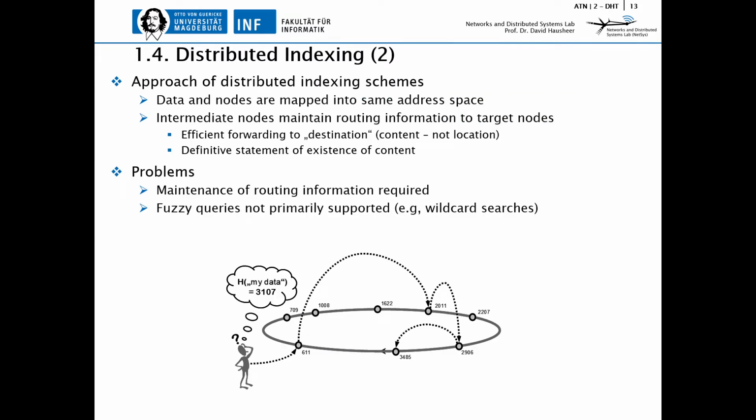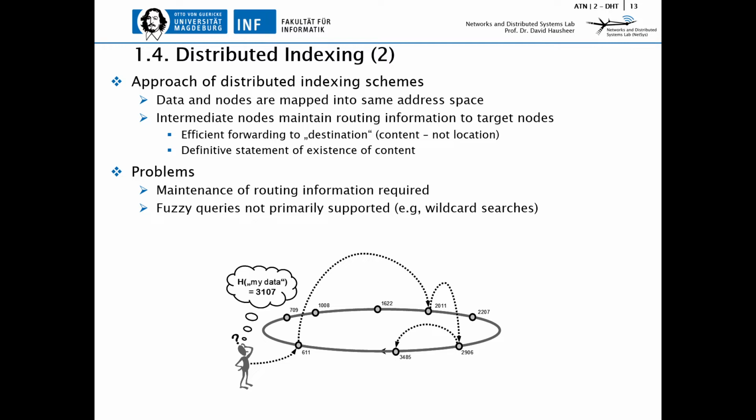Now, in order to achieve that, there is an underlying approach that all the DHTs have in common. That is that the data that is stored in these systems and the nodes that are helping to maintain these systems are mapped into the same address space.